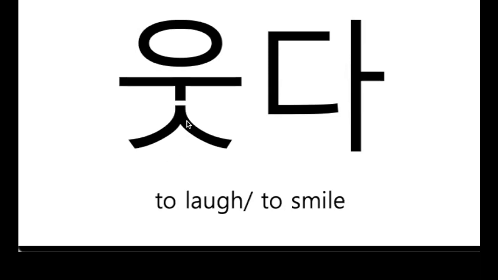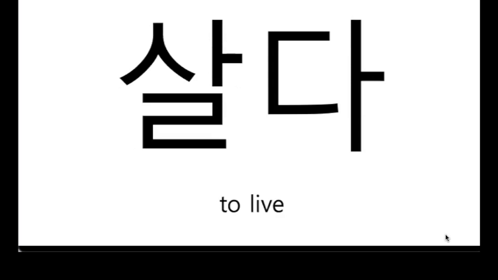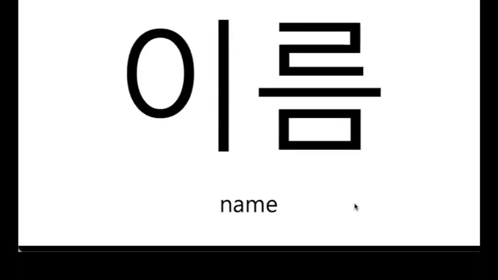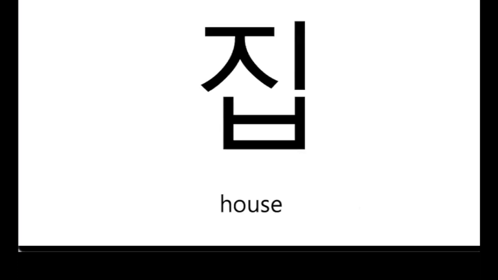And here, can you read this one? 웃다. Even though there is an s, it doesn't sound like s. It sounds like a d. And next one, here. 살다. 살다. This one. 이름. And here. 집.